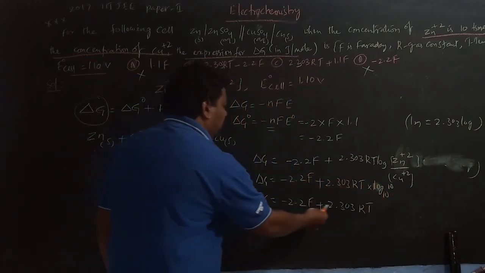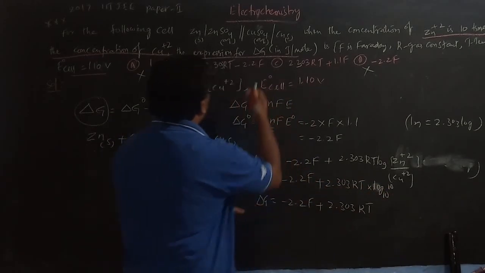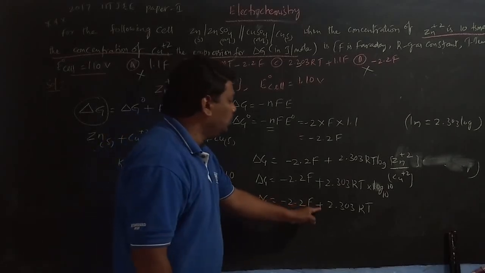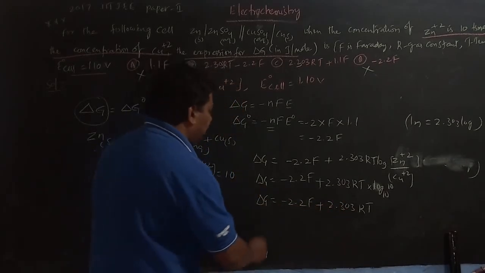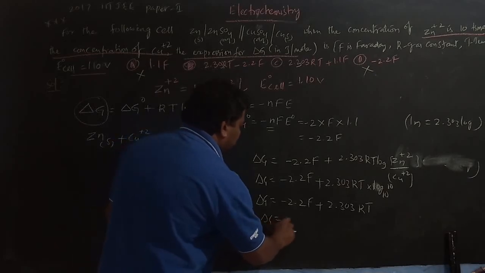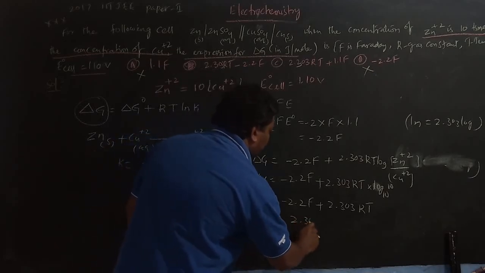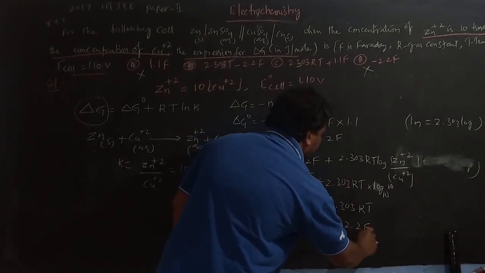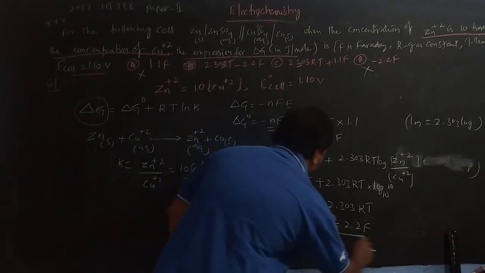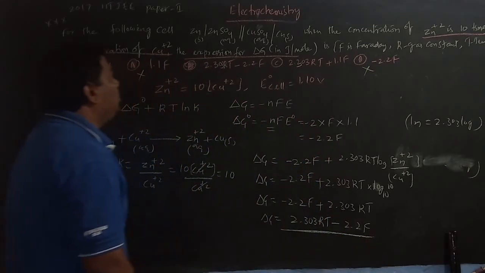Therefore we can remove option D also. So delta G is equal to 2.303 RT minus 2.2 F.